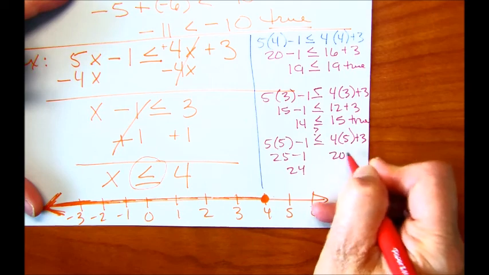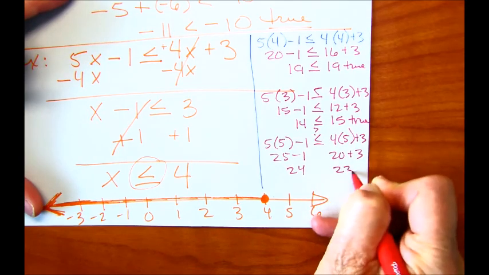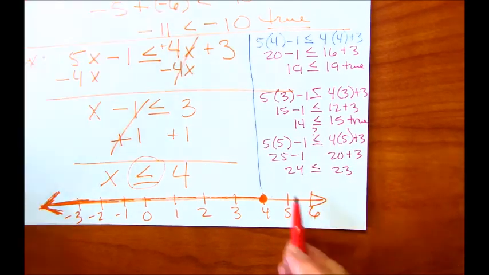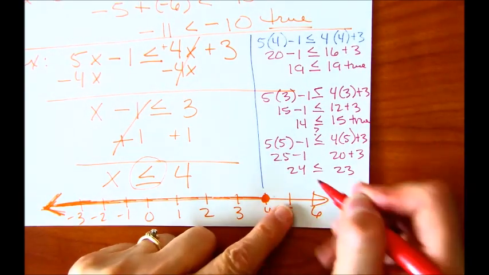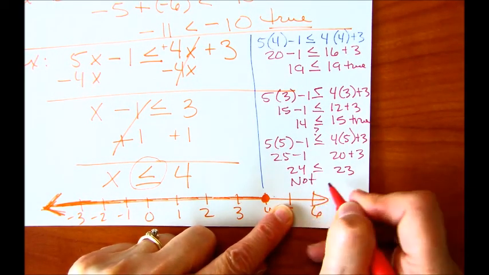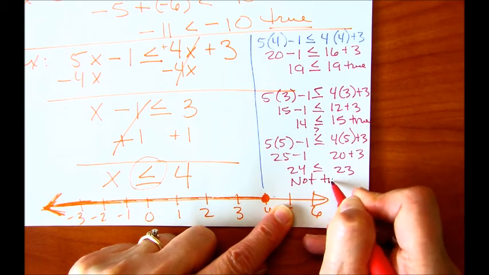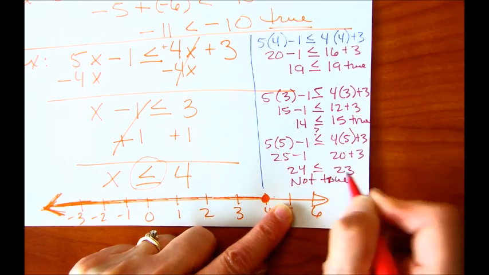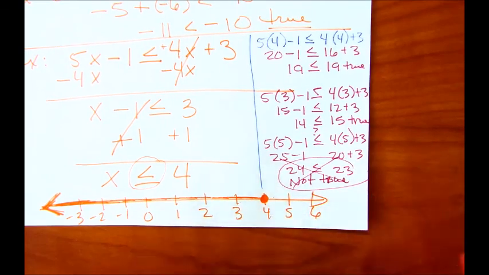And we got 20 plus 3, that's 23. Notice that 24 is not less than or equal to 23. So this would be not true. Okay? No.